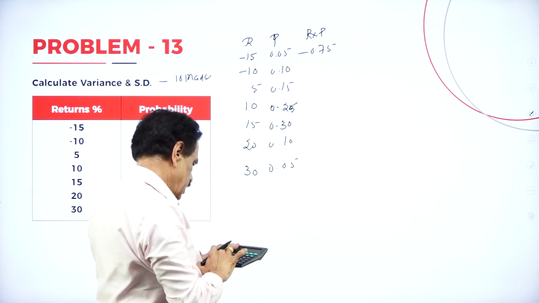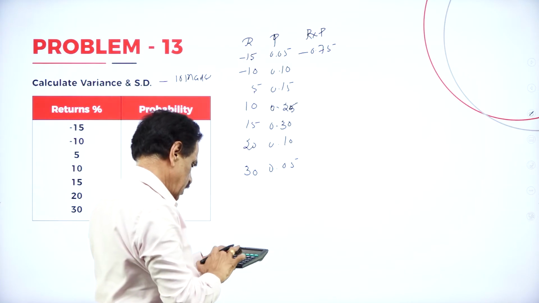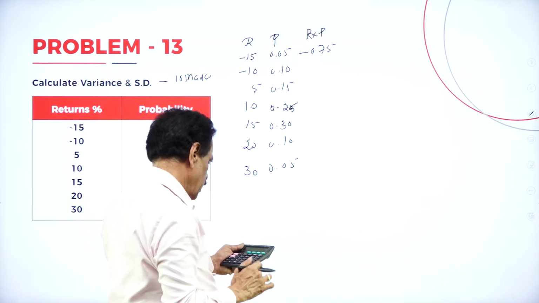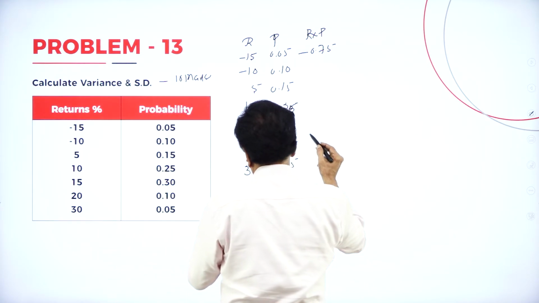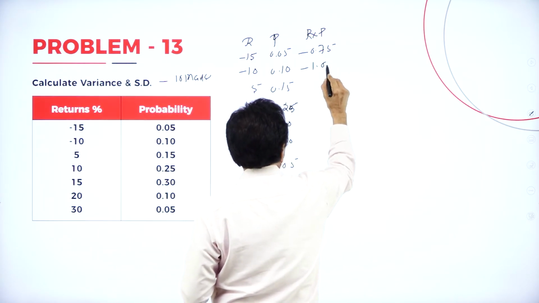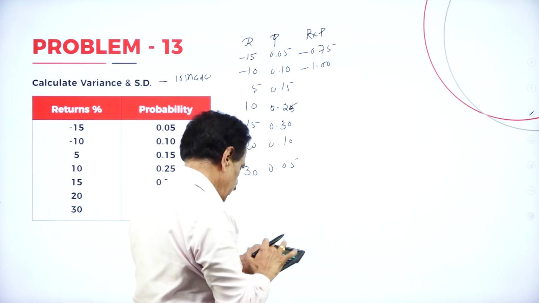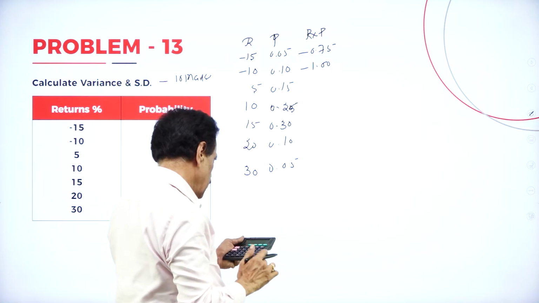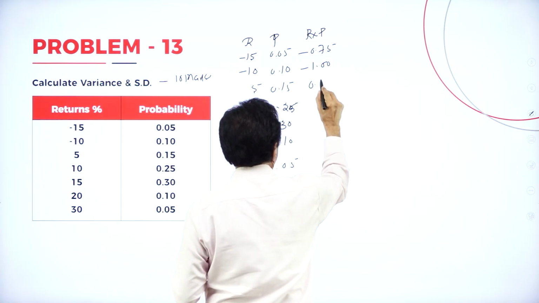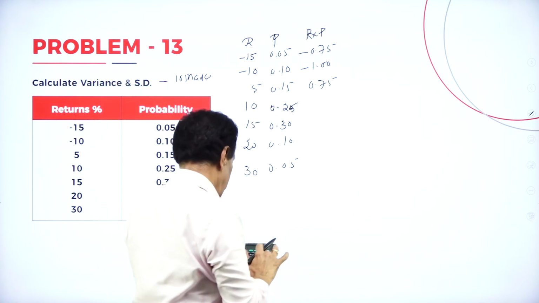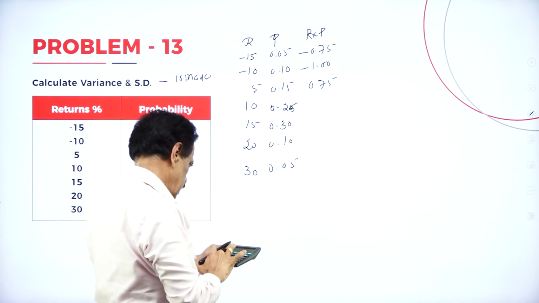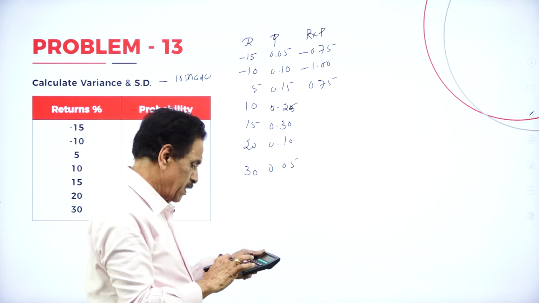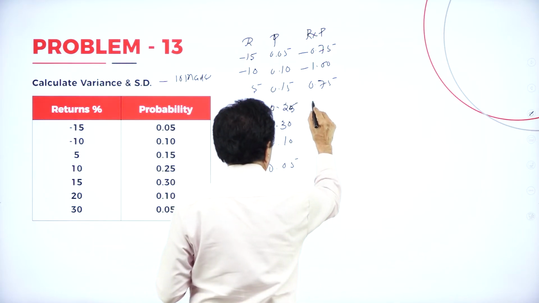So next, minus 10 into 0.10 is minus 1. 5 into 0.15 is 0.75. 10 into 0.25 is 2.5.